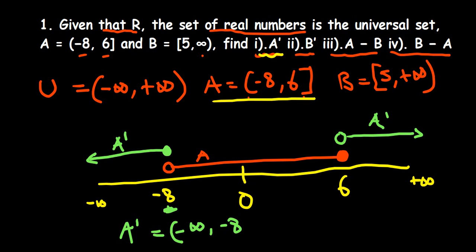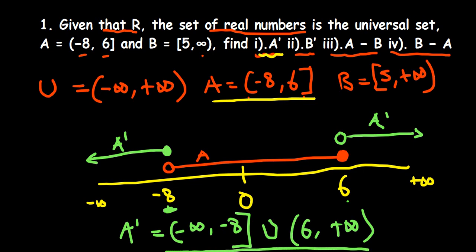So it means this minus 8 is included. So you draw a square bracket there and then you say union, and then you get this part here. This part has a 6 and an open circle. So it will be curved bracket 6 all the way to positive infinity. So this one here will be our set A complement.